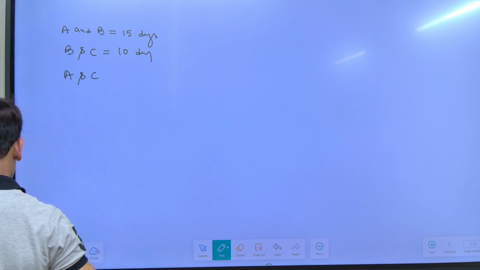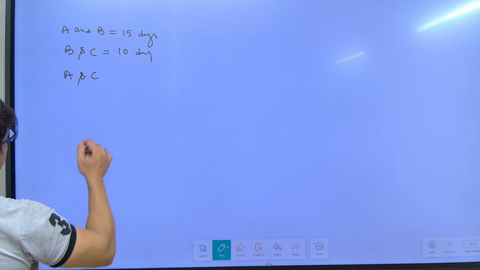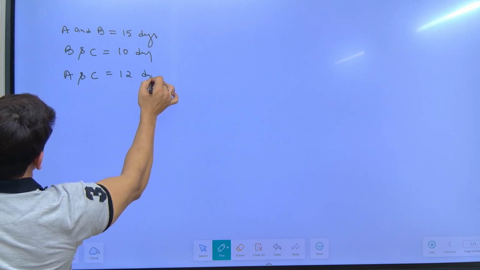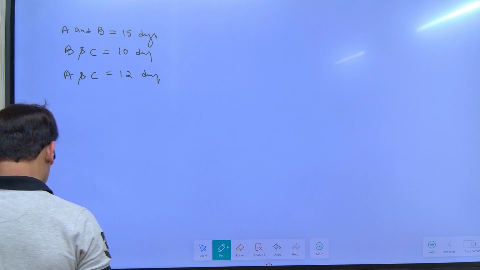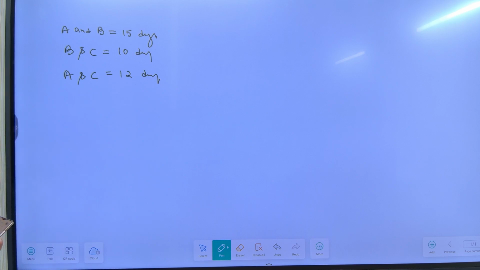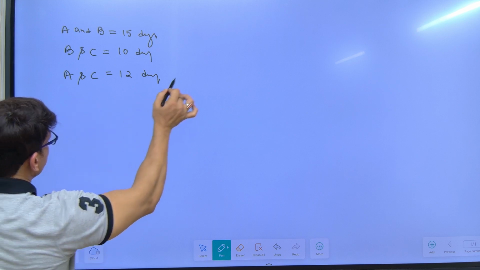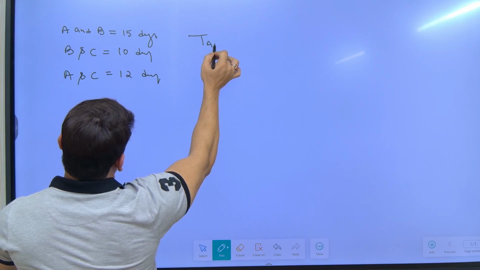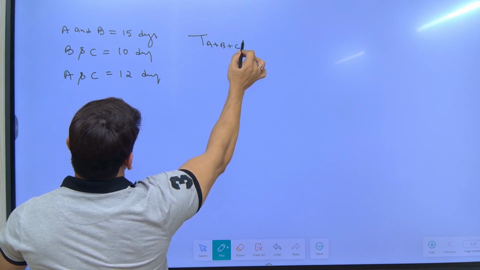A and C can do the same work in 12 days. So, if all A, B and C work together, how much time will they take? So, I simply have to find out what? Time taken by A plus B plus C.